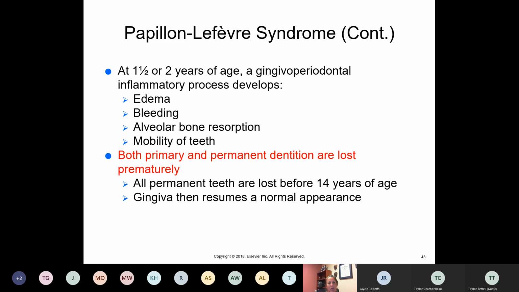We see bleeding and inflammation, mobility of teeth, and they end up losing their primary dentition and their permanent dentition both. All of their permanent teeth are usually gone by the age of 14. After they lose all of their primary teeth, their gingiva goes back to looking normal and healthy. And then at 14, when all of their permanent teeth are gone, their gingiva resumes a normal, healthy appearance again.